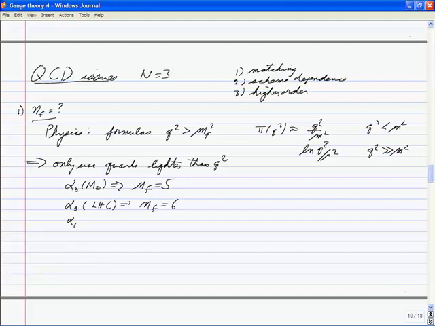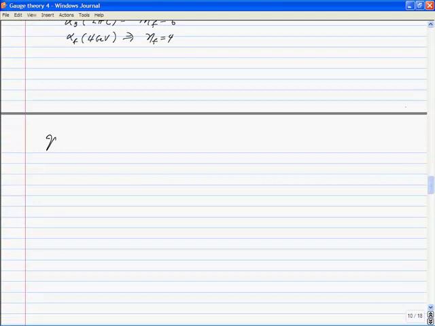And if you're working at lower energies, alpha at 4 GeV is NF of 4. And so the trick is, how do you do that? And that's what I call matching.